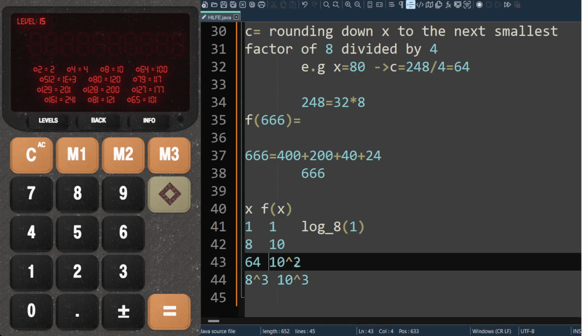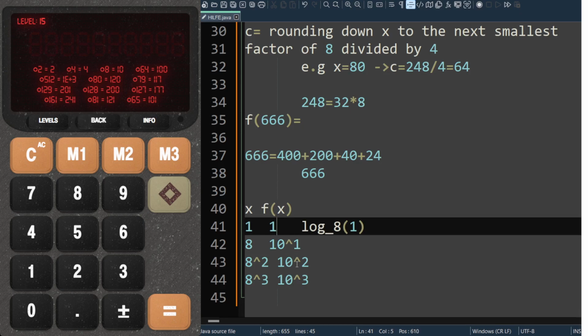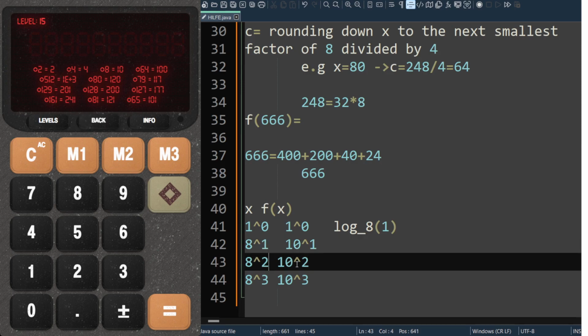This is 8 cube, and this is 8 square. This is 10 to the power of 1 and 10 to the power of 0, 1 to the power of 0, and 8 to the power of 1.